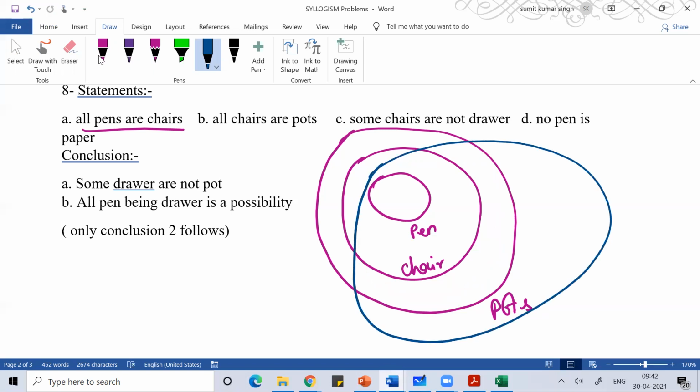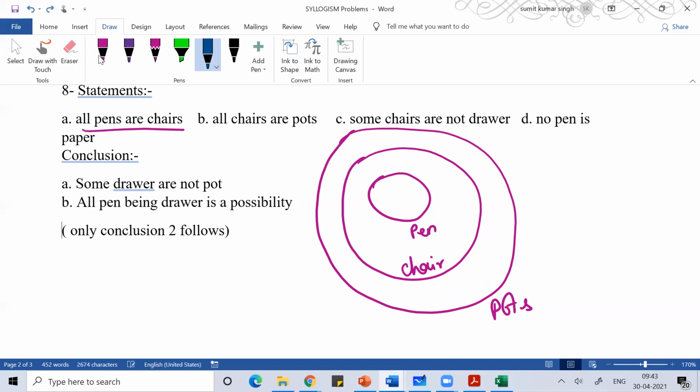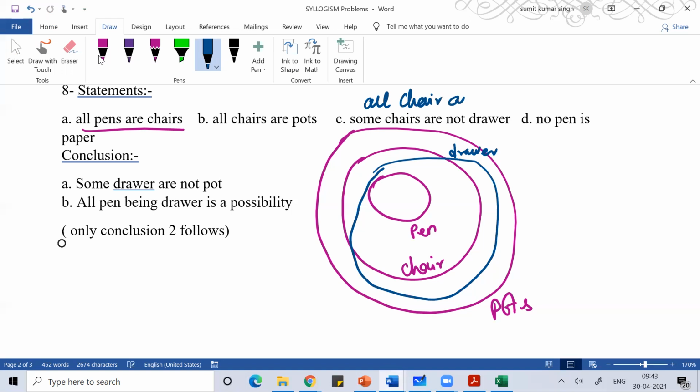Anything can be a drawer. I hope you are getting the logic. Your diagram of drawer can be like this or like this. The only thing we know is that some chairs are not drawer, which means "all chairs are drawer" is not true. We are sure that is not true.